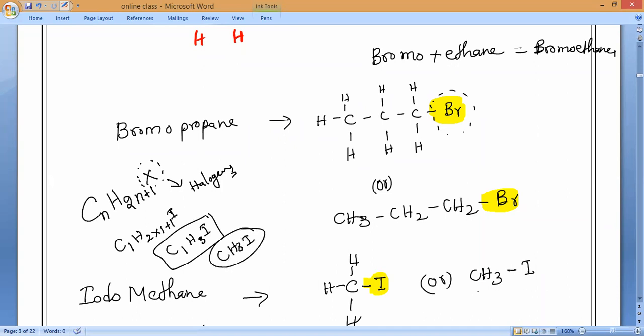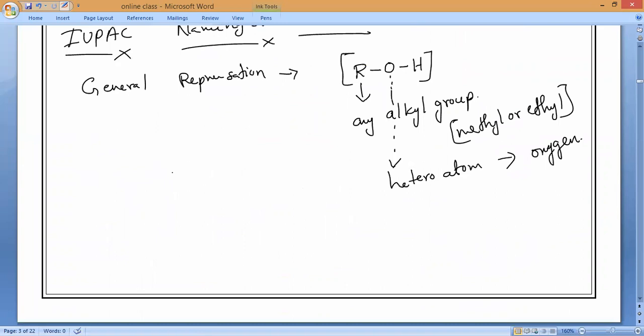Same formula comes or not, everybody? So that is the general formula. CnH2n+1X is the general formula of haloalkanes. Are you clear, everybody? Kevin? Okay, that is one. Now, for alcohols, the general formula is CnH2n+1, and last, we have to add OH.